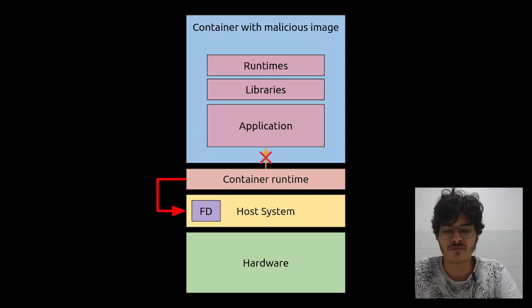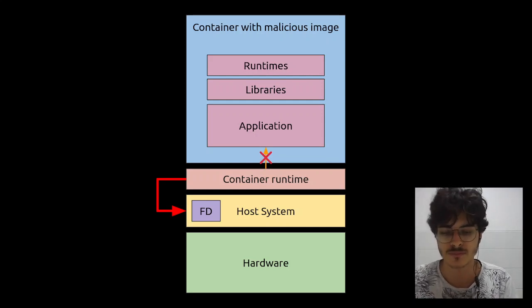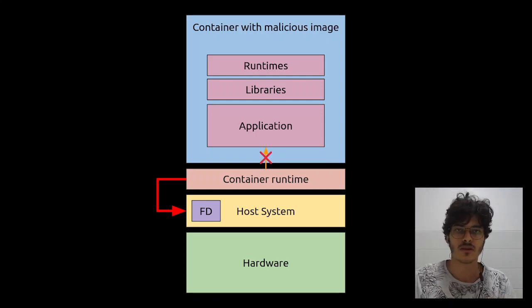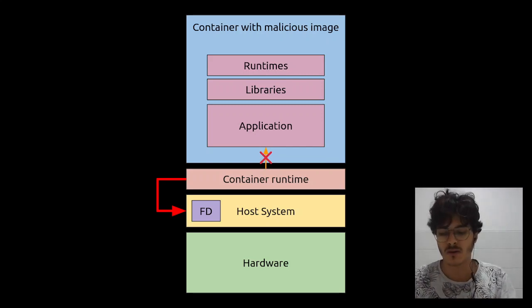The other way is when the user or developer is setting a working directory for the container, that is, when the user types the complete path to change the container's work directory.